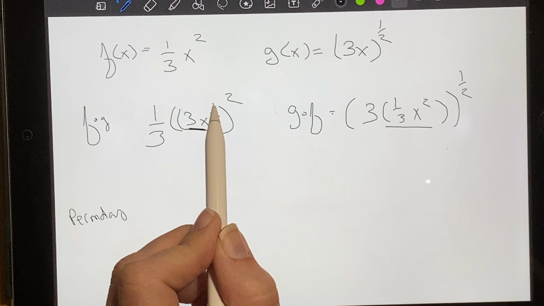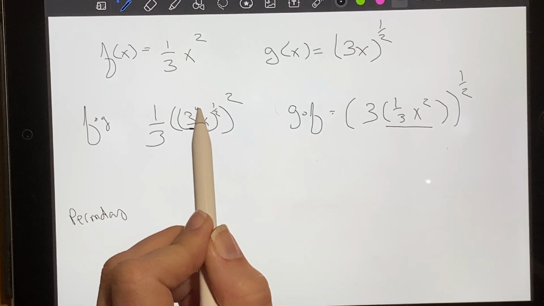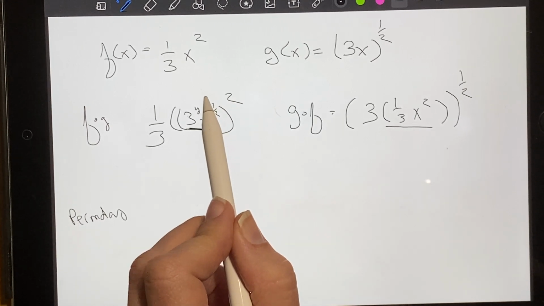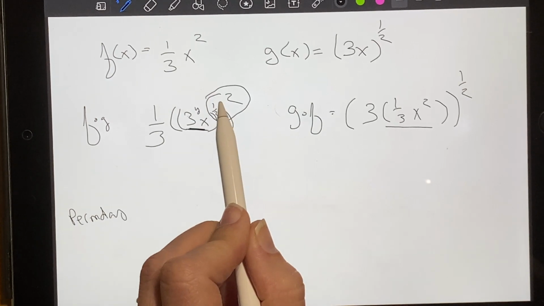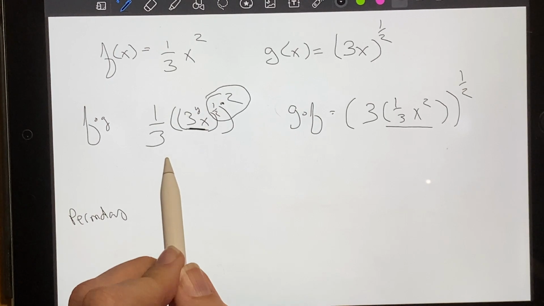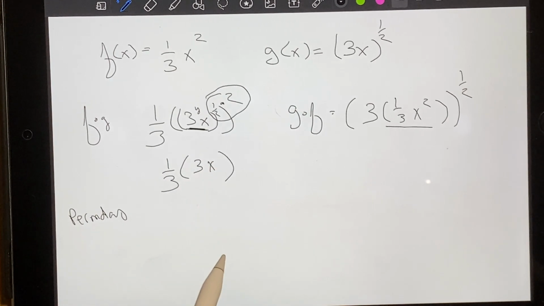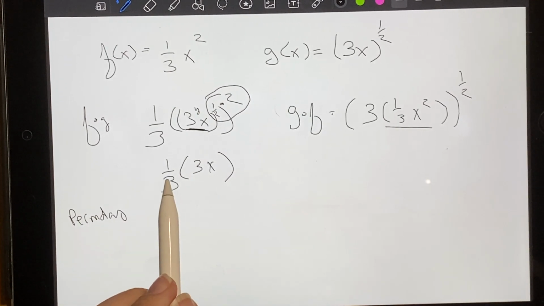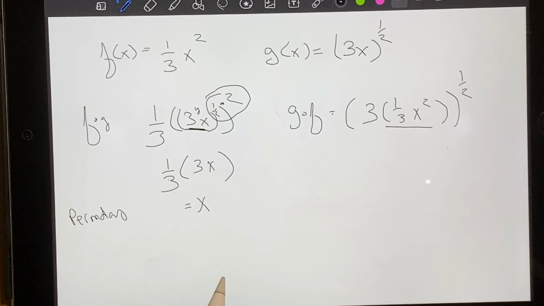The whole thing is raised to the 1/2, so I'm going to basically call this maybe y. So I've got y to the 1/2 squared, and I have a power to a power. And a power to a power gets multiplied. 1/2 times 2 gives me 1. So I'm left with 1/3 times 3x, because my power to power here canceled out. And then 1/3 times 3 is 1, so I'm simply left with x.